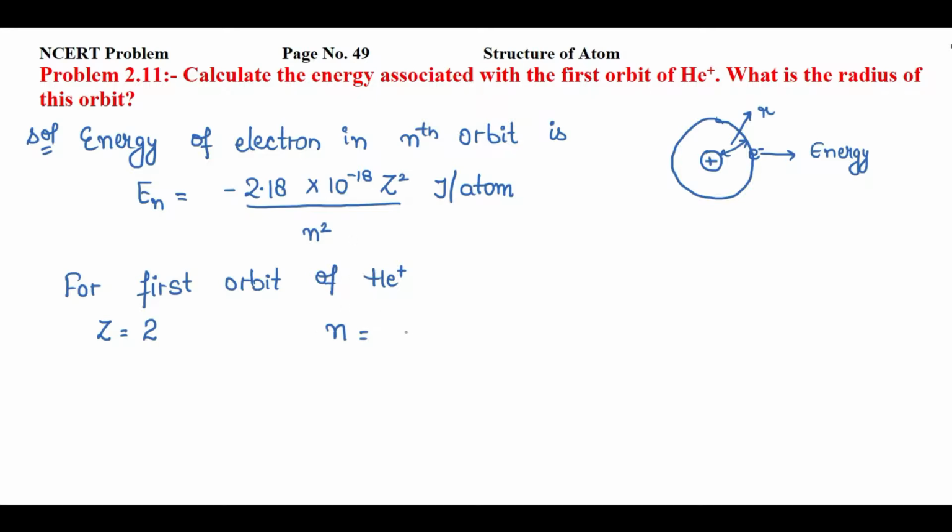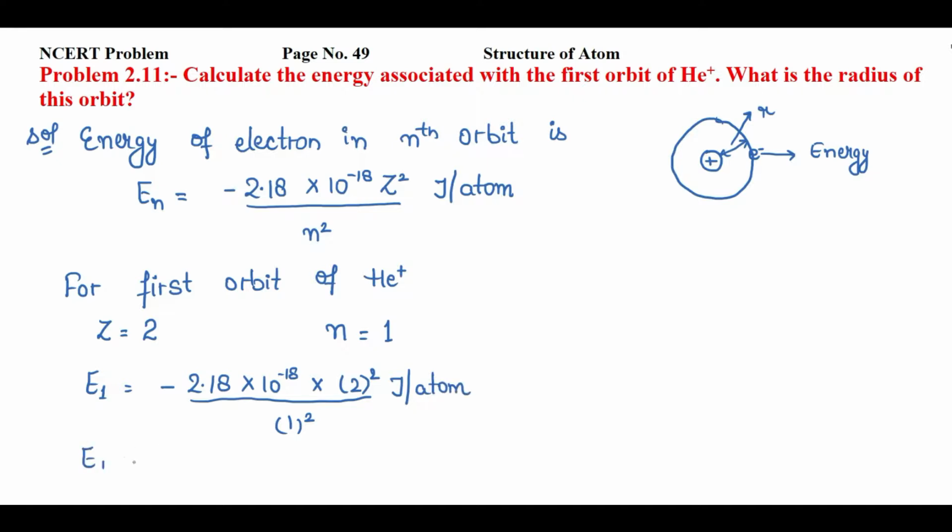So number of orbit over here is 1 because we are finding the energy of first orbit, right? So let's put the value: E1 equal to minus 2.18 into 10 raised to power minus 18 into Z's value, that is 2 square, divided by n, that is 1 square, joule per atom, right?